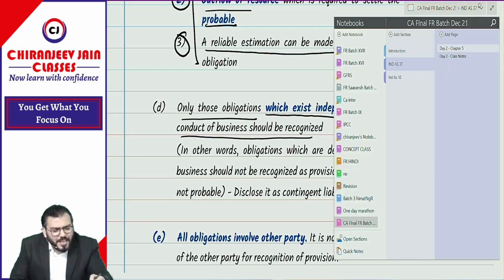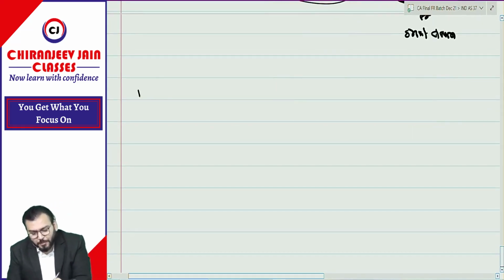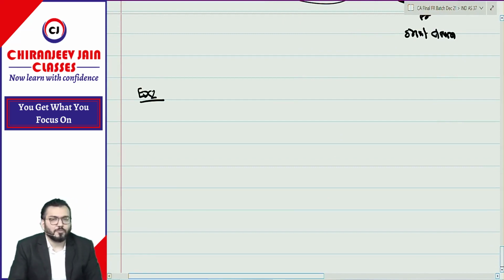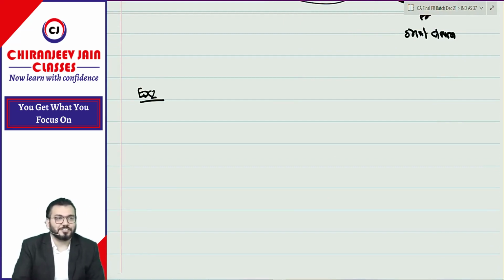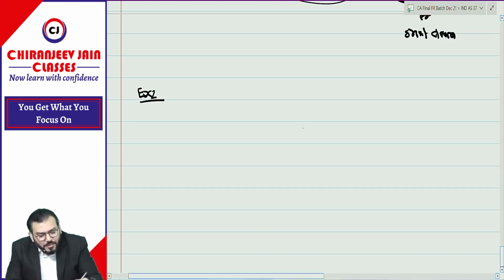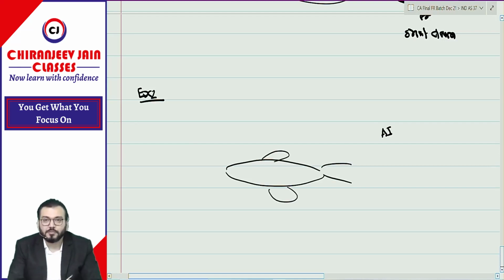One more example I can take, which is also a CA Inter example. I hope you might know about this, but I have intentionally not taken it as the first example because most of the time you give the correct answer for this. Asked in CA Inter exam. Suppose Air India purchases one aeroplane for commercial purpose.